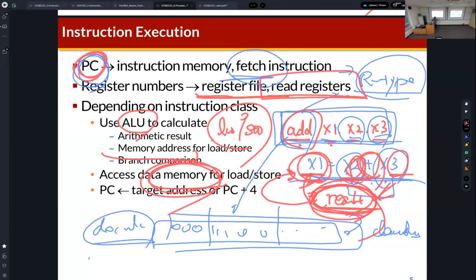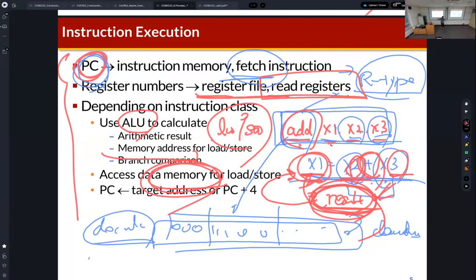I just explained what the required steps for executing an instruction are.